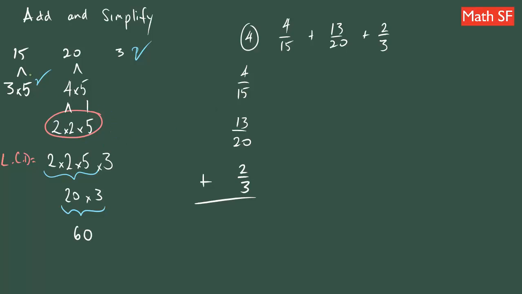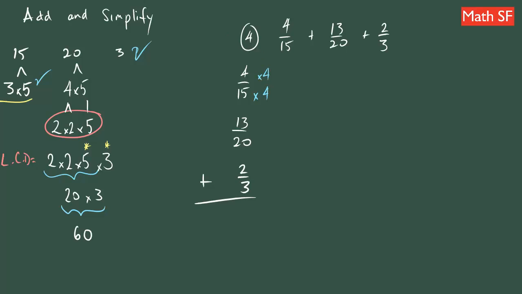Well, the numbers that make the 15, it says here that it's 3 times 5. So if you get rid of this 5 and this 3, the numbers that you're left with are 2 times 2. That means that 15 times 4 should be 60. So that's what you should multiply here. This times 4 and this times 4.